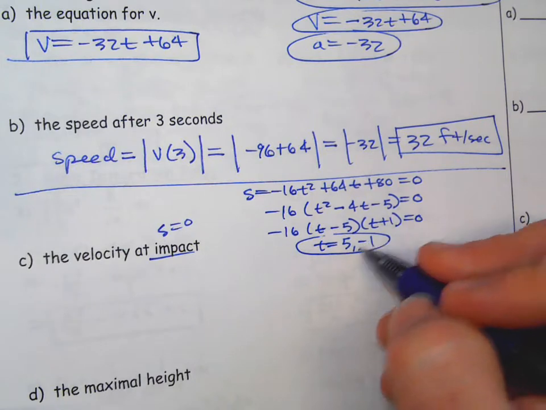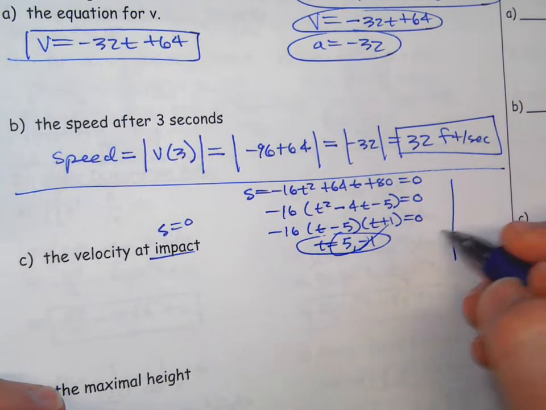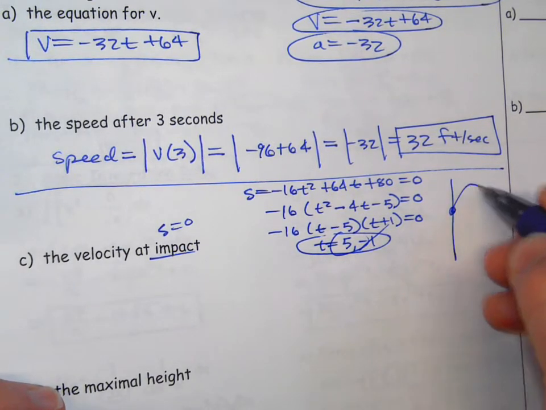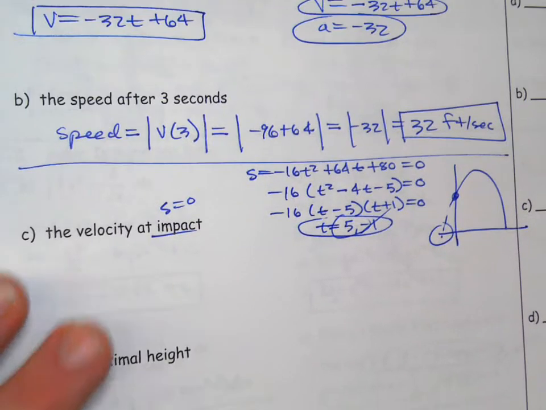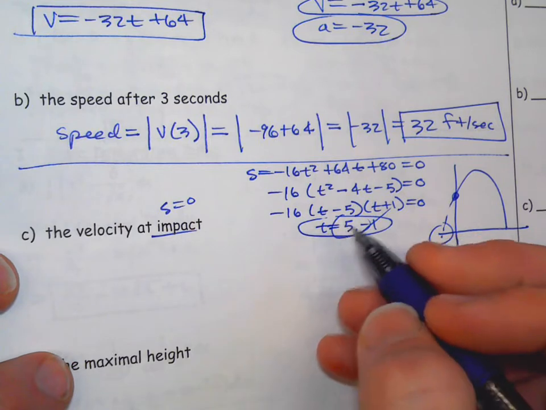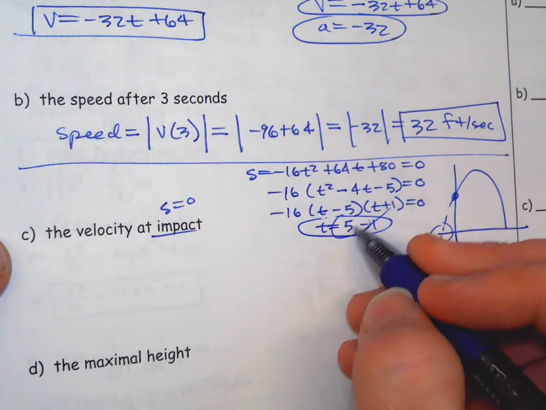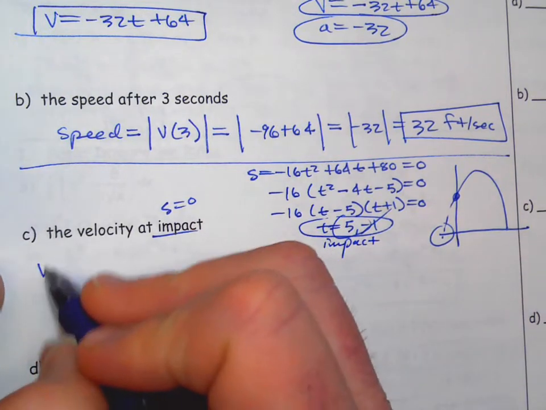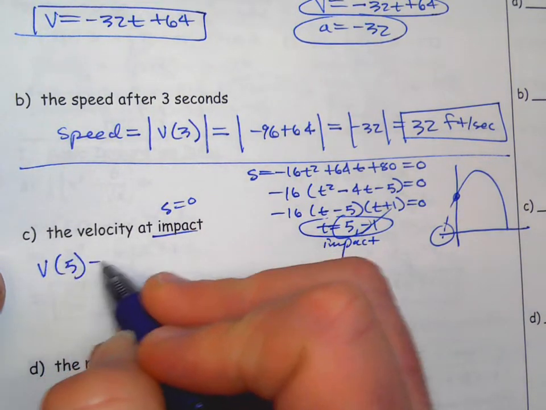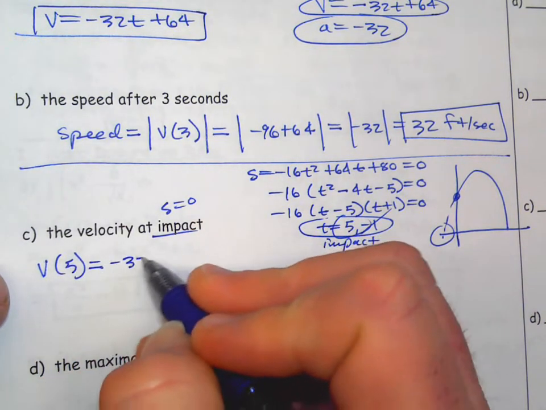Now, we're not going to take the negative time because it starts at a height here and goes like that. But it's saying, oh, we're going to go back and hit the ground before we started. Well, that's not going to make sense. So the time of impact is 5, which we might need for some other future questions. Velocity at 5, well, we just plug it into the velocity equation.